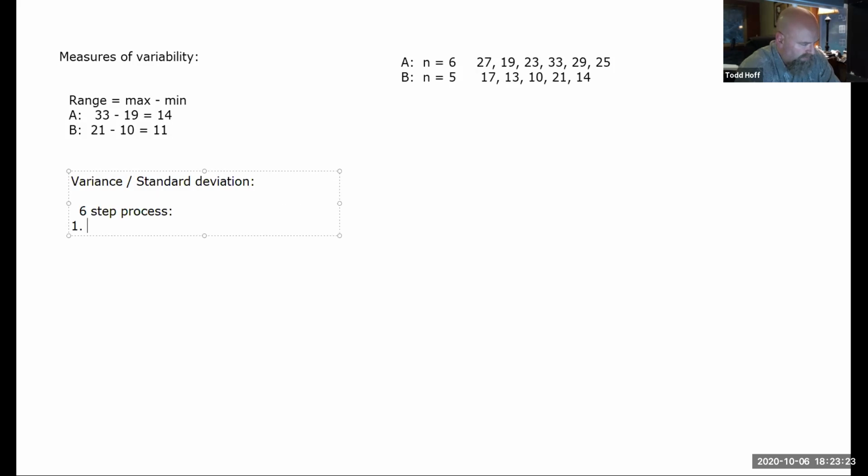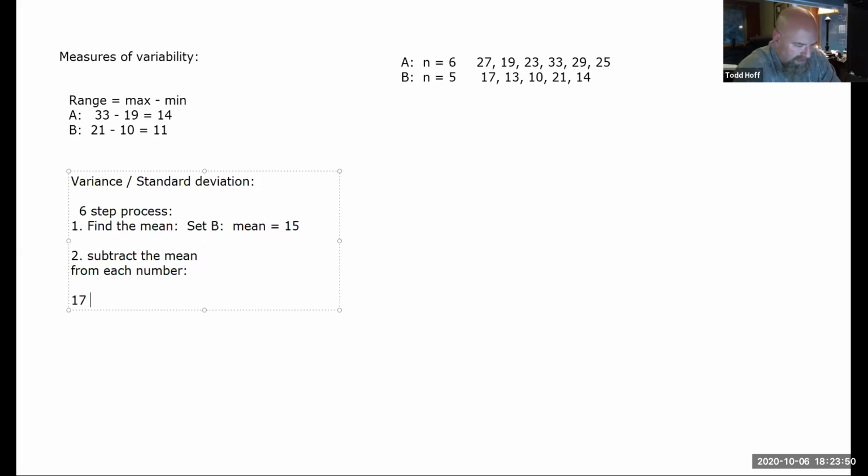Step 1 is to find the mean. We're going to use set B here. The mean was 15. Second step is to subtract the mean from each number.